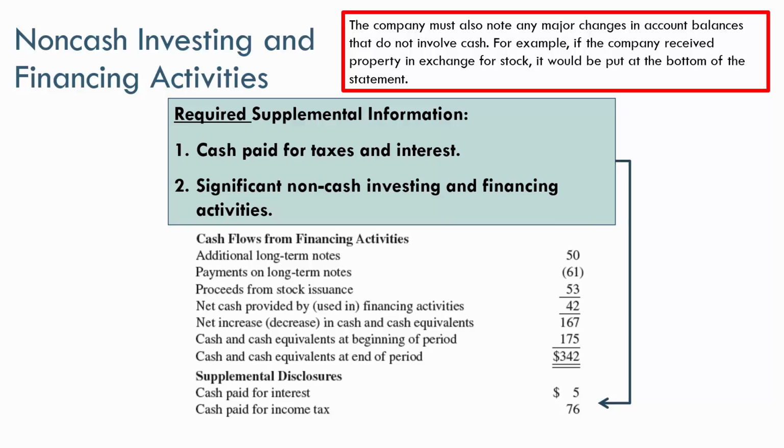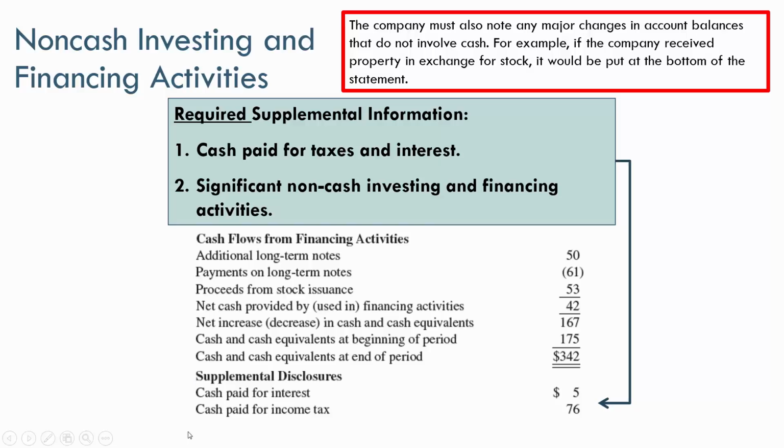Now, they have additional supplemental information that they think is important that should be put in. And one thing which you would put in here for sure is non-cash transactions that are important to the reader. If they are non-cash transactions, you would list them down here. They're putting in taxes and interest, which is a requirement, and they're listing it as a separate area.